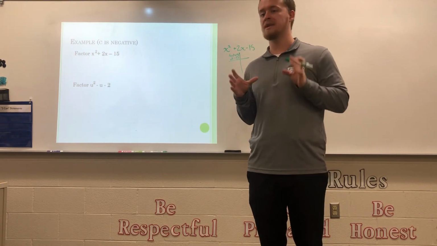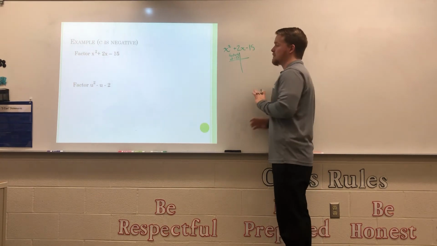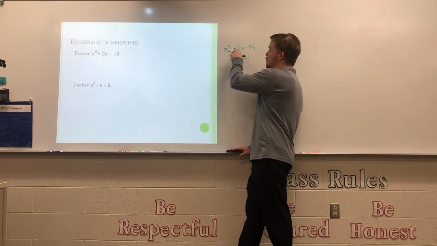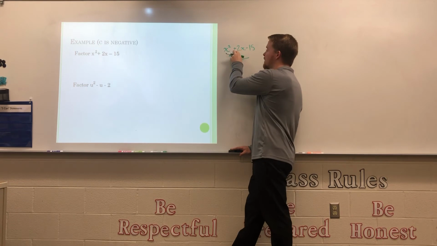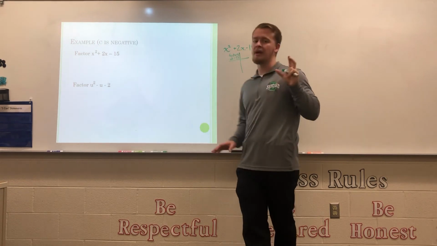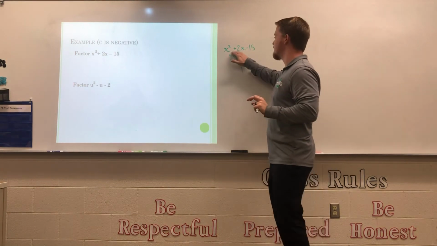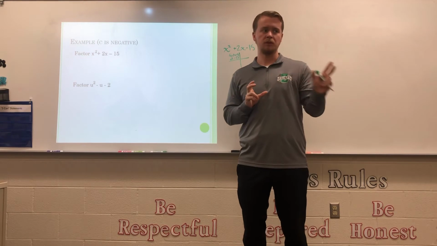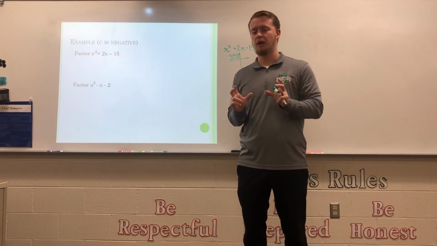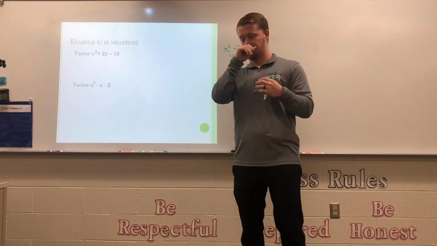So you always need a positive and a negative if you're multiplying to get a negative. But now you have to pay attention to the middle term, depending on if it is positive or negative. So my middle term here is positive. So if I know I'm multiplying a positive and a negative, but my middle term when they add needs to be positive, that should tell you that of your positive and negative number, the positive number needs to be the larger number.